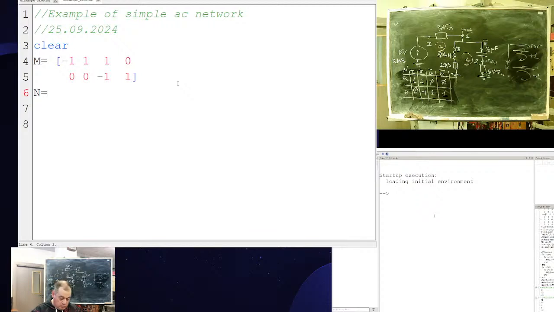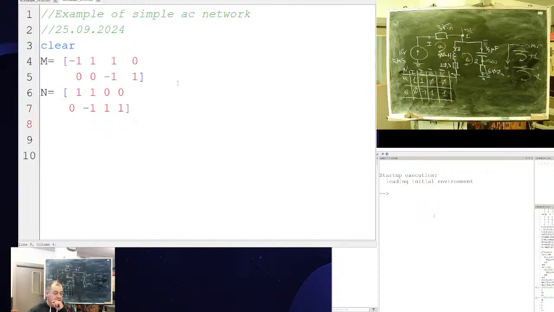And the contour matrix should be 1, 1, 0, 0, 0, and next will be 0, -1, 1, 1. Here they are. Fine?